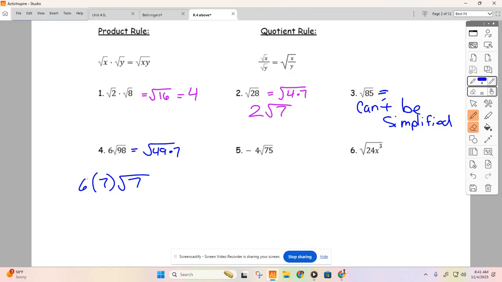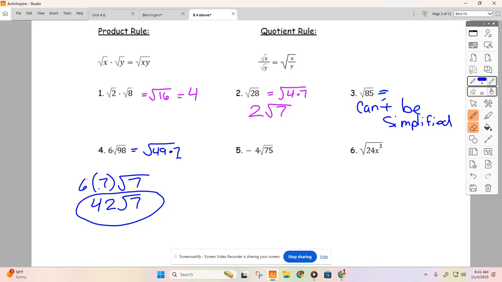So the 6 was hanging out there. 6 next to it means 6 times, right? So when I take the square root of 49 and get a 7 on the outside, I'm just putting in parentheses so you can see that I need to multiply. And then I still have a 2 under here. Now I multiply this, 42 square root of 2. If you type that in and type this in, they're both the same decimal.